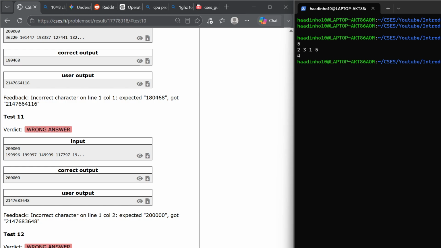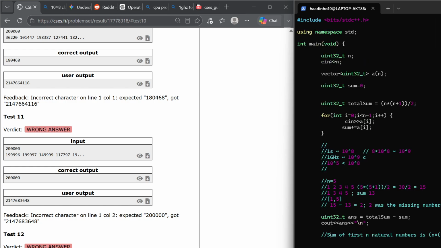Possibly some overflow problem. It's similar to the problem we faced last time. So what's happening is, let's say this n is 10 power 5. So 10 power 5 into 10 power 5 is going to be 10 power 10. And as I told you in the last video, uint32_t can only hold values up to 2 power 32 minus 1, which is approximately 10 power 9.